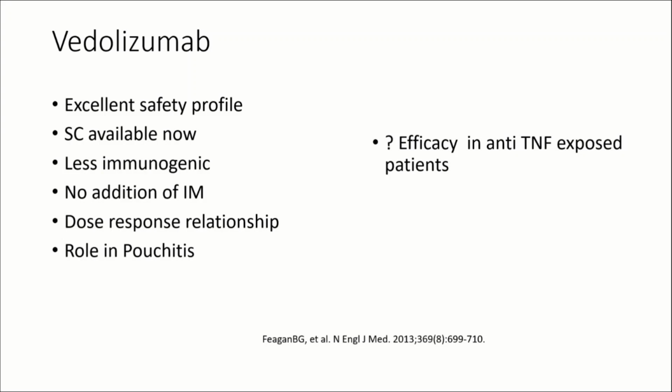So as I mentioned earlier, when you're making a decision of treating a patient early, and thinking about what medication I'm going to give this person if he fails the first-line agent, I think vedolizumab may not be your choice if you're giving anti-TNF in the very first place.